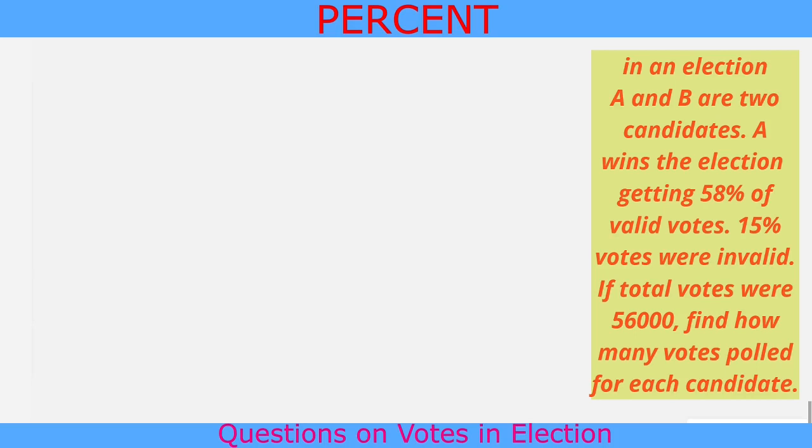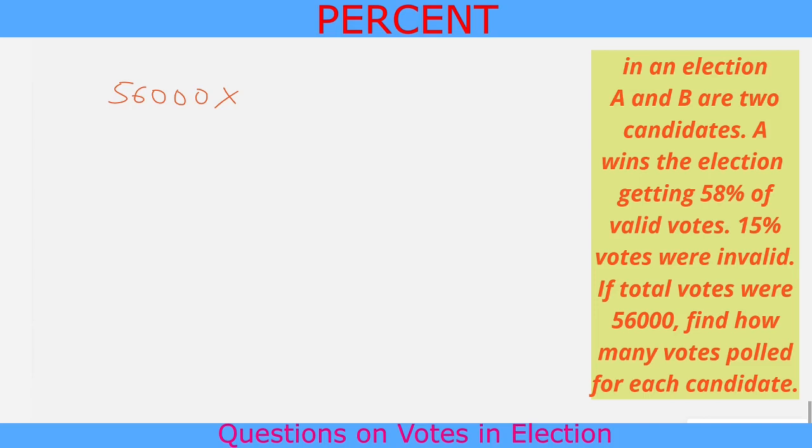Now, 58% votes are in favor of winning candidate. It means that 42% votes are in favor of his opponent who is defeated in the election. We straightway calculate the votes of each candidate. 56,000 votes were total votes and 15% were invalid.